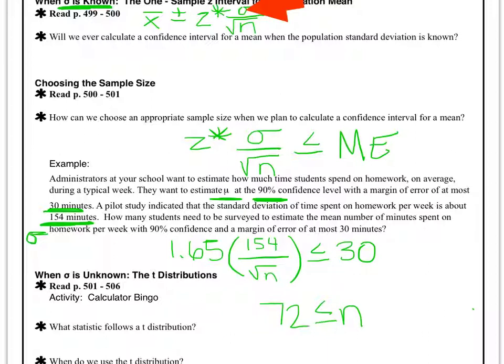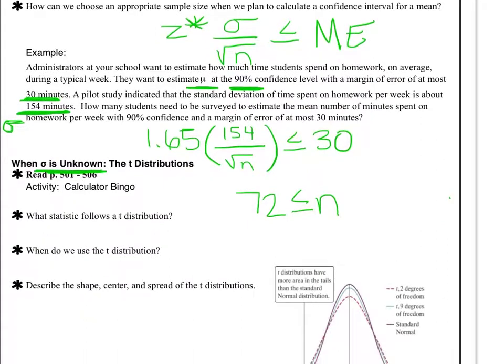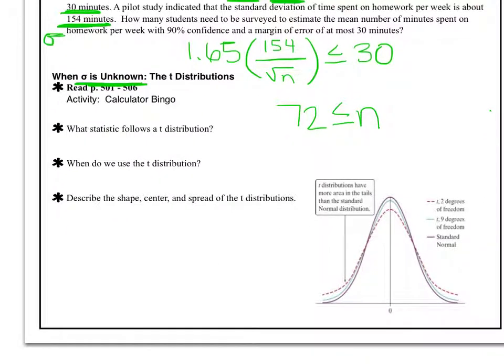Okay, more likely than knowing the standard deviation, I'm probably not going to know the standard deviation. So that's what happens down here when the standard deviation is unknown. And what happens is it's very similar to what we did with proportions. If I don't know p, I plug in p hat.